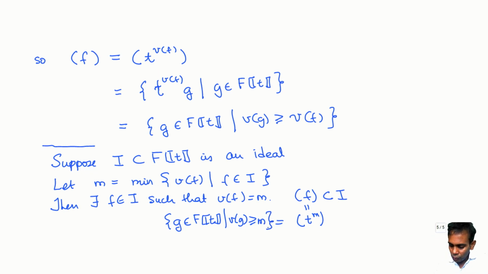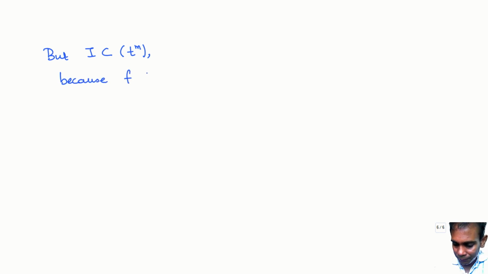Okay, so to show the converse, that I is contained in the ideal generated by t to the m, we just need to show that if something is not in the ideal generated by t to the m, then that means that the valuation of f is strictly less than m.